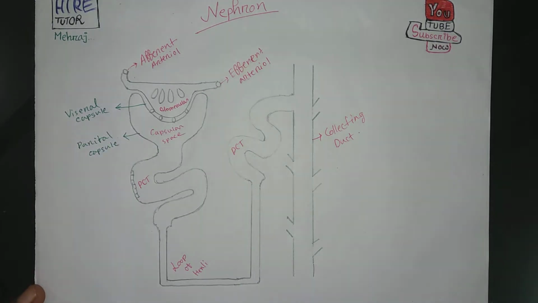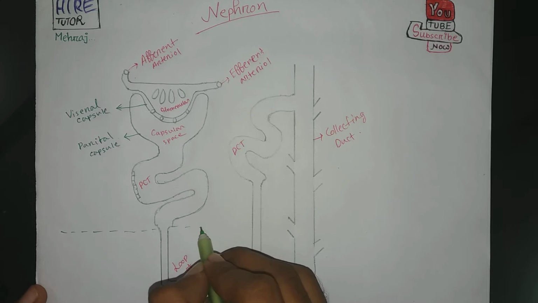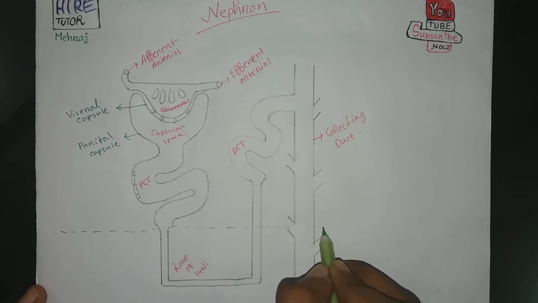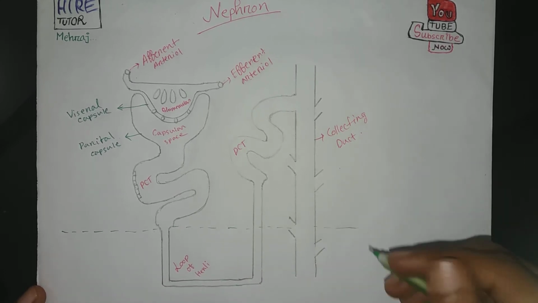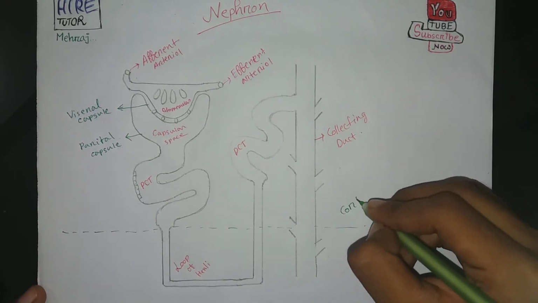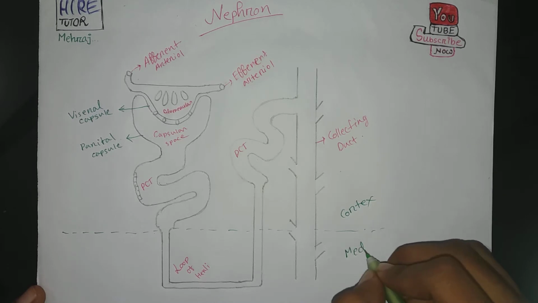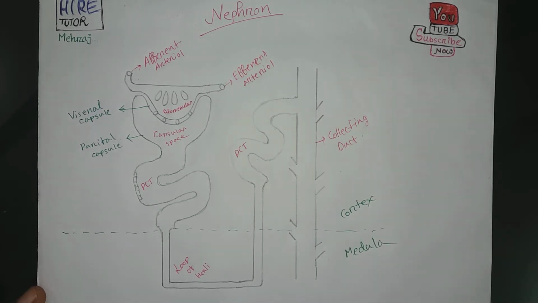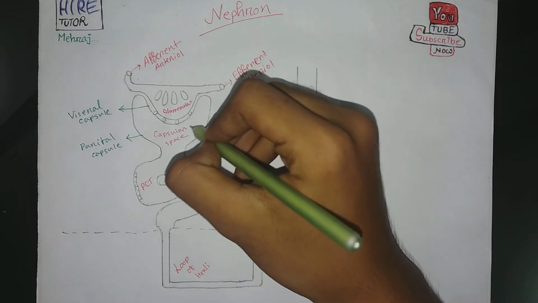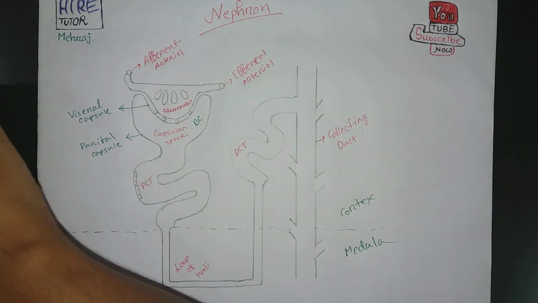Okay, after that here we can add a line like this. In the kidney, this upper side is called the cortex and the lower side is called the medulla. This one is also called the Bowman's capsule. I am writing this as BC.